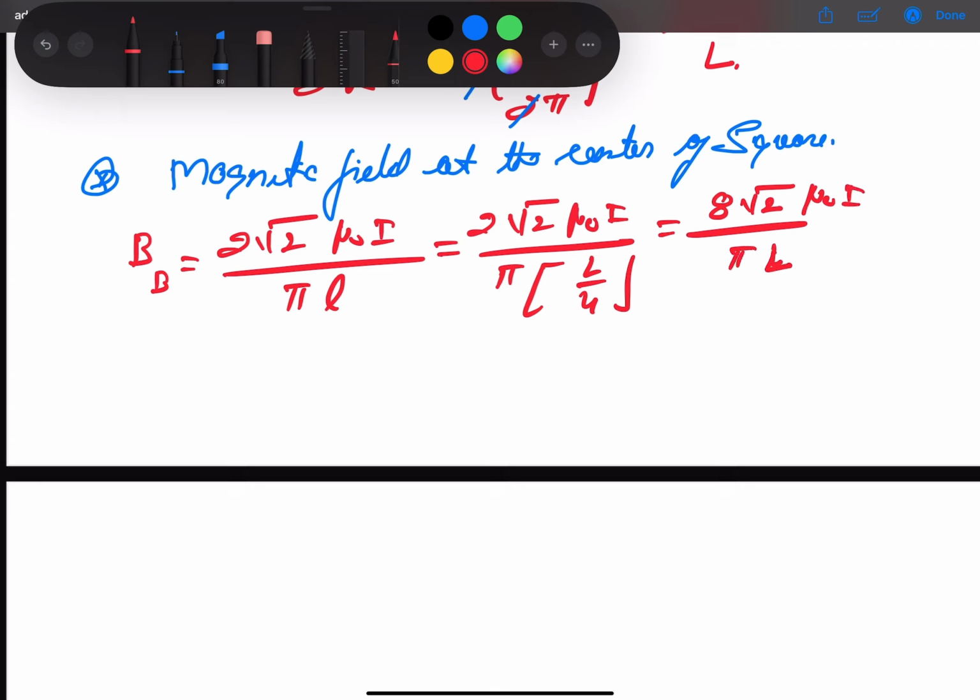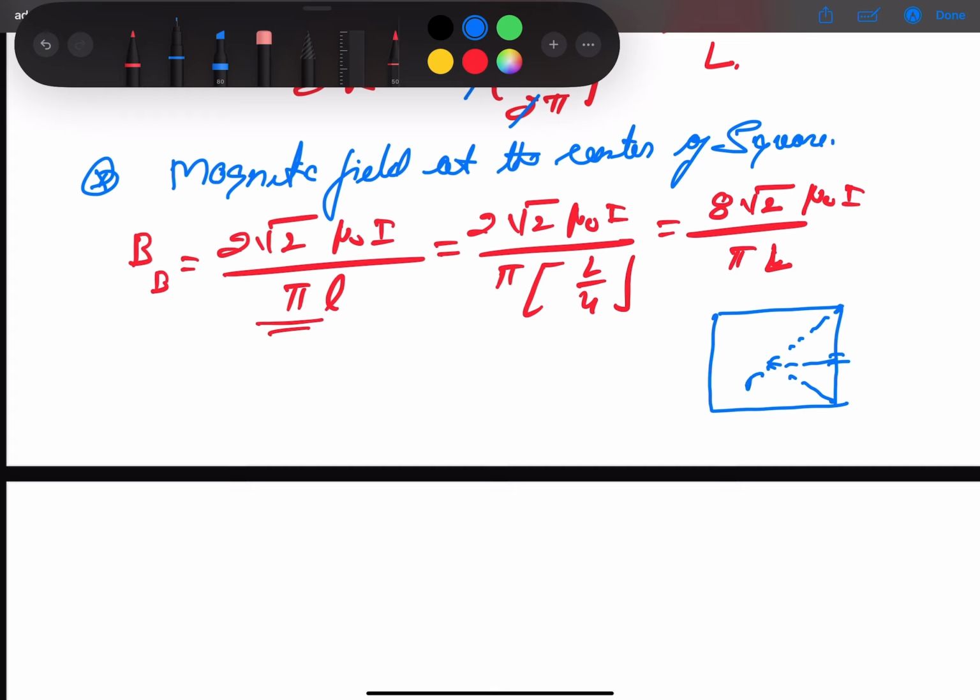And even if you don't remember the formula for the square, it can be easily derived. So if this is a square and this is the center, we can consider one of the sides and find out the distance, because this is a finite wire.